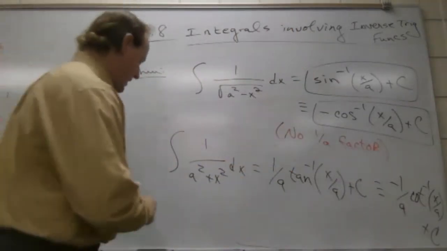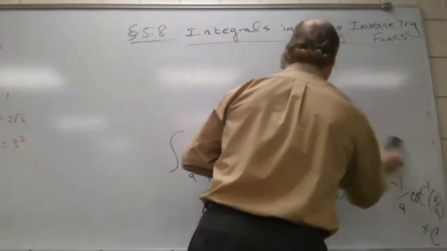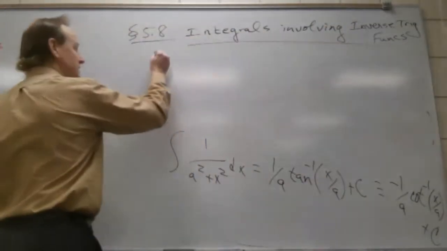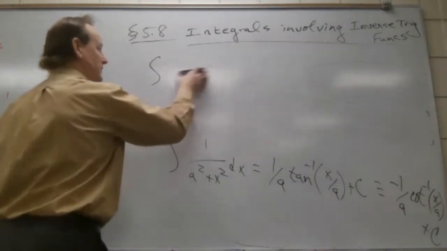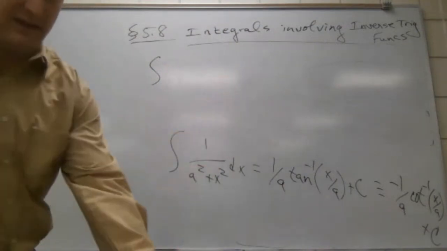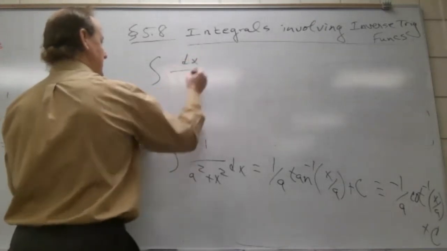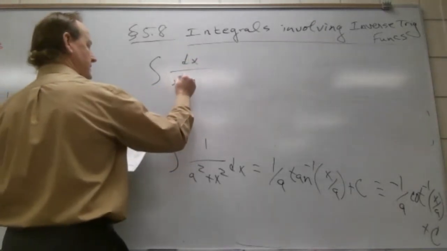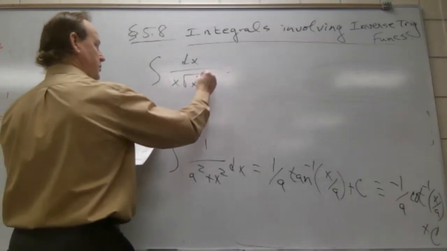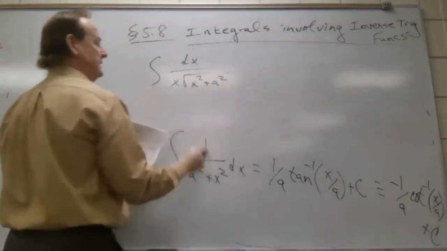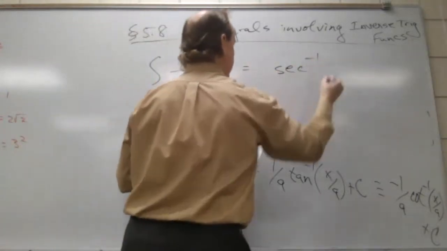Okay, and then a couple more, just the last two, deal with arc cosecant and arc secant. Which antiderivative is going to give me arc secant? If I have dx over x times the square root of x squared minus a squared, that looks like arc secant.